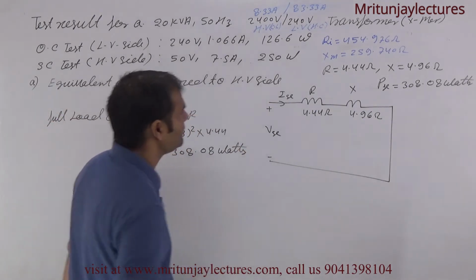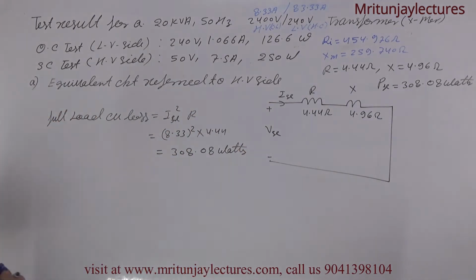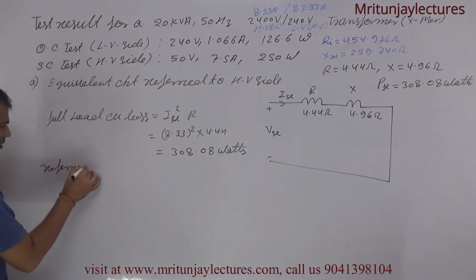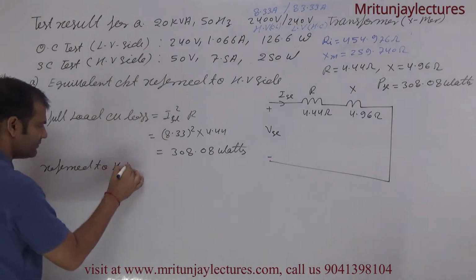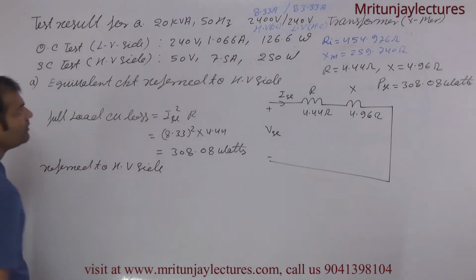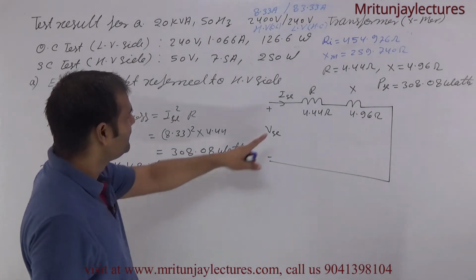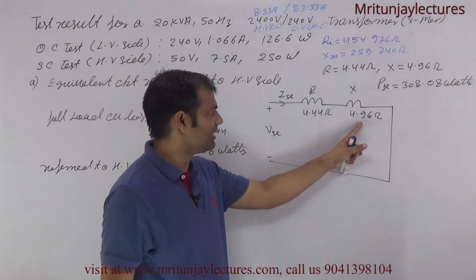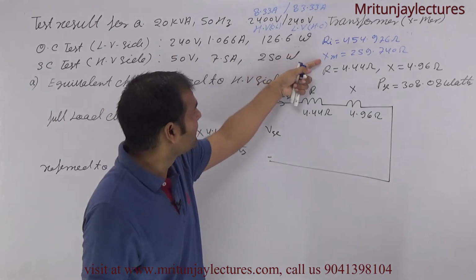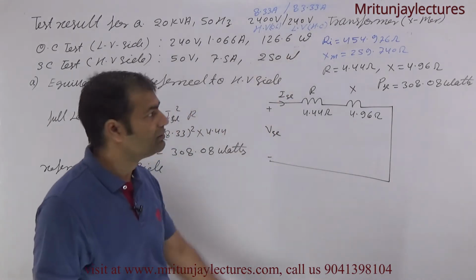Now, our motto: refer to high voltage side. This is the high voltage side, this is also the high voltage side, but Ri and Xm are on the low voltage side.